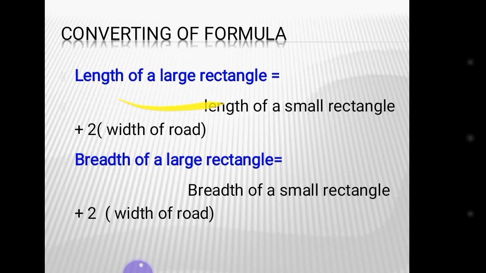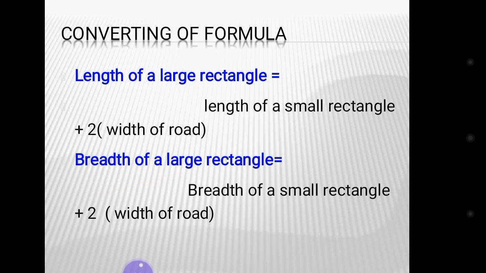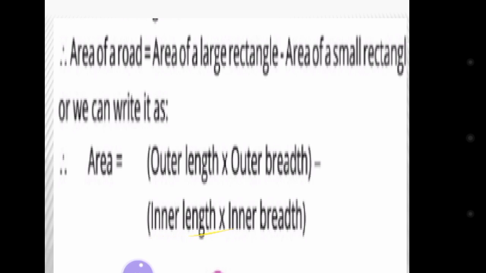The length of the large rectangle is equal to the length of the small rectangle plus 2 times the width of the road. Similarly, the breadth of the large rectangle is equal to the breadth of the small rectangle plus 2 times the width of the road.